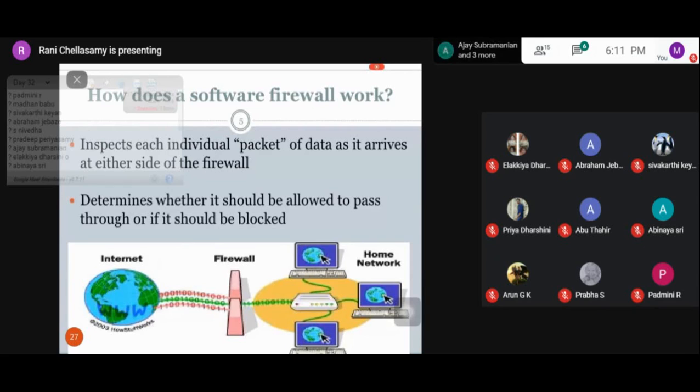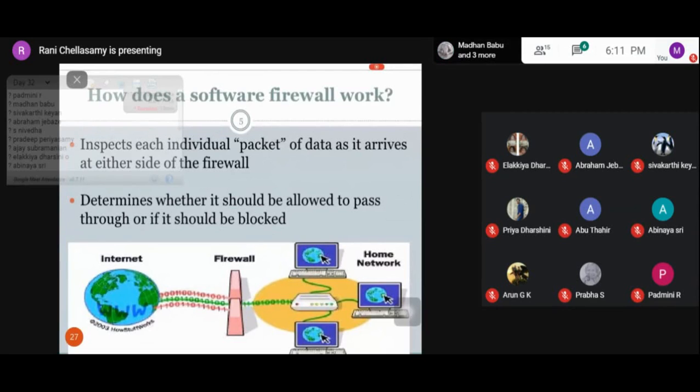It will inspect the individual data packets on either side of the firewall, and determine which packets should pass through the firewall and which should be blocked. It will decide based on the policy or rules defined.